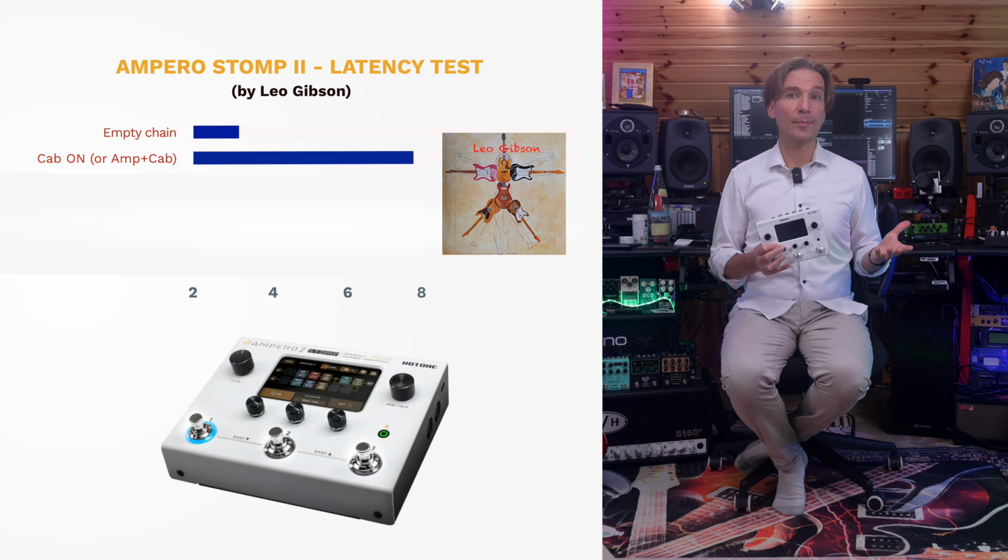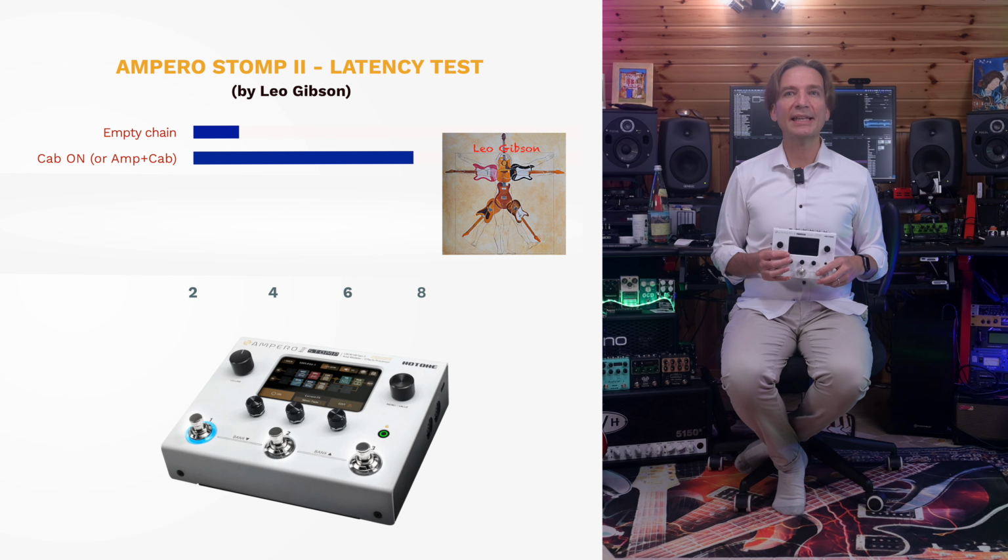With both the amp and the cab activated, we have a little bit more than 7.8 milliseconds. Therefore, here we can say that, first of all, the cab takes a lot of processing power. I think that Ampero has invested a lot in the cab emulation algorithm in order to obtain a good tone, and that's maybe the reason why it takes so much processing power.